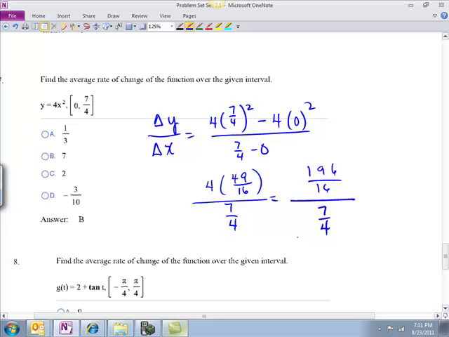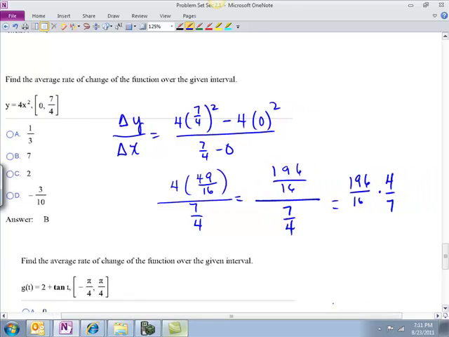And what do you do when you have a complex fraction? Flip the bottom one and multiply. So you've got 196 over 16 times 4 over 7. I think a bunch of stuff cancels out.